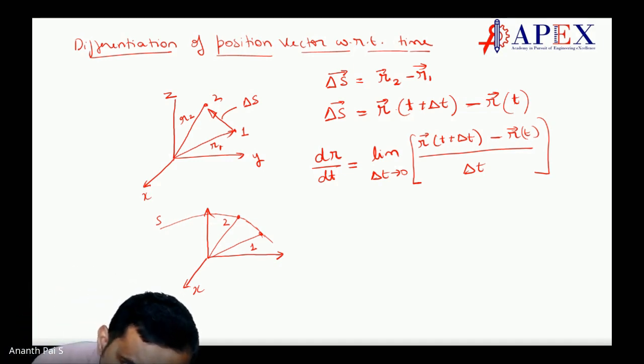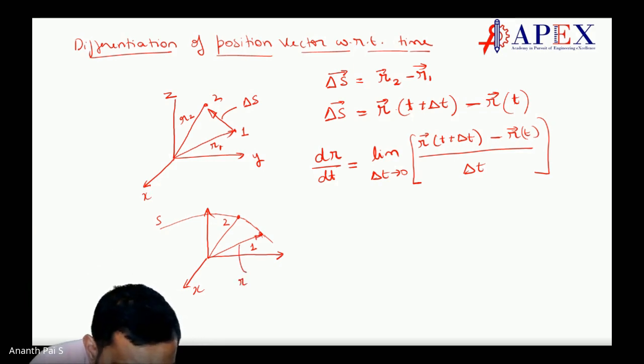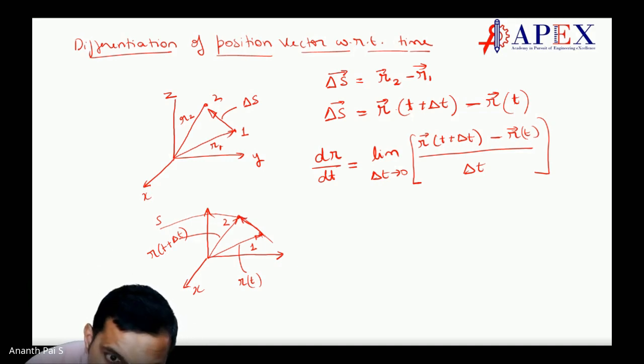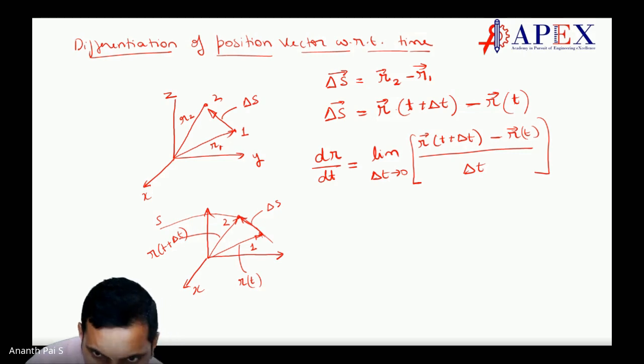Now what is this? This one is R of say t. And what is this? This is R of t plus delta t. Makes sense? And this one can be written as delta S or delta R. Delta S, now observe here, just try to understand.